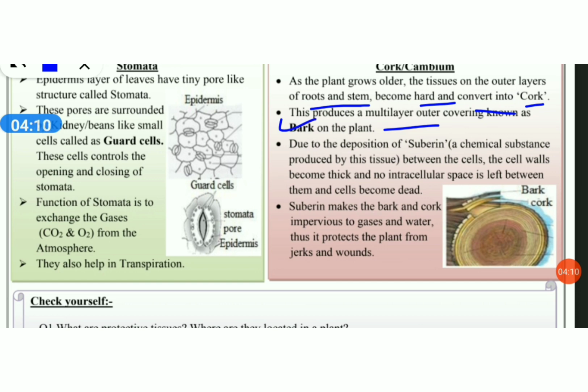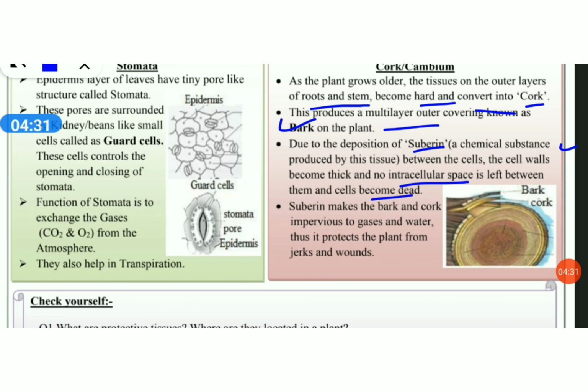Now due to the deposition of suberin, a chemical substance which is secreted by these cells, the cell wall becomes thick and no intercellular spaces are left between them, and these cells also become dead.